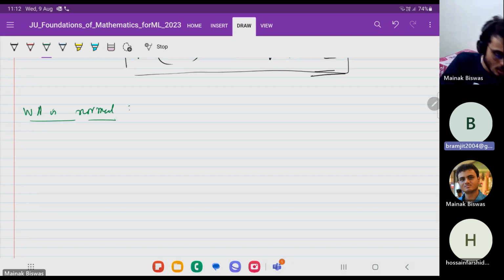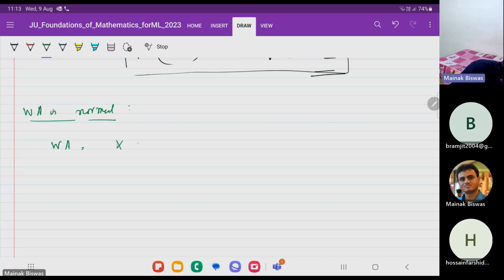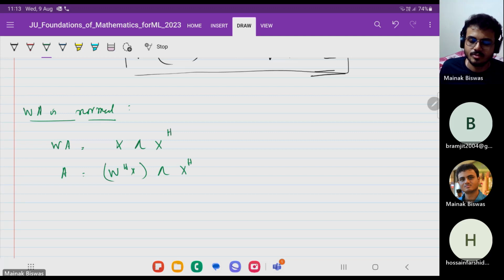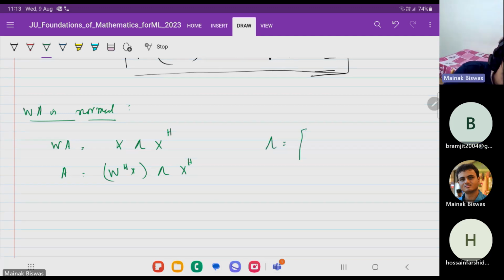Yes. So I can write WA as some X sigma X Hermitian. So A can be written as W Hermitian X sigma X Hermitian. Right? Now sigma is all the eigenvalues of WA.